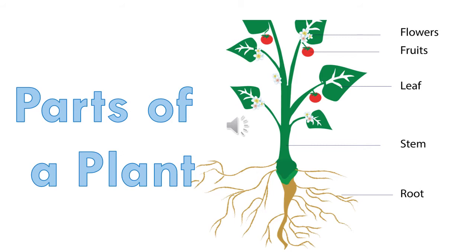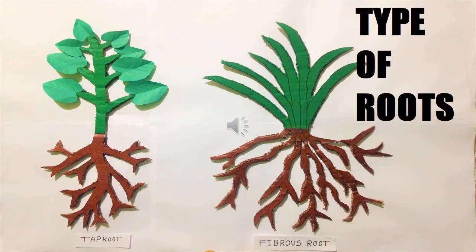This is a root. There is a stem. A stem has leaves, flower, and fruit. The leaves are of green color. When we talk about the roots, we can easily see the roots are of different kinds. Some roots are called taproot and some are called fibrous root.